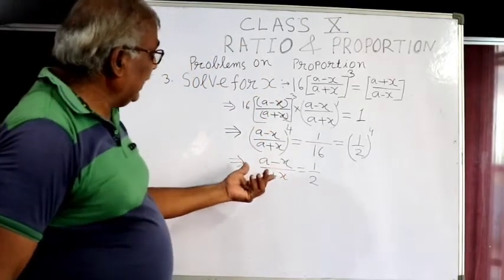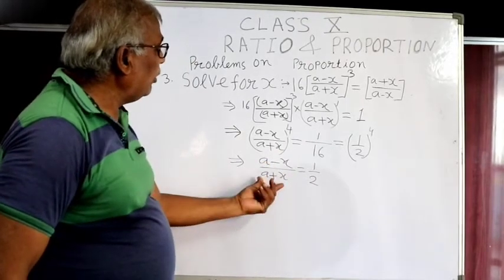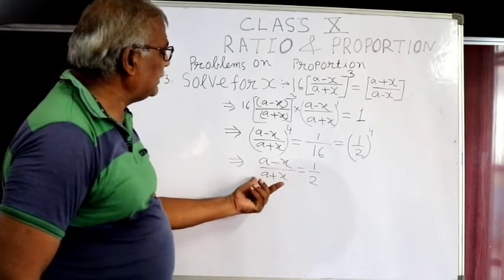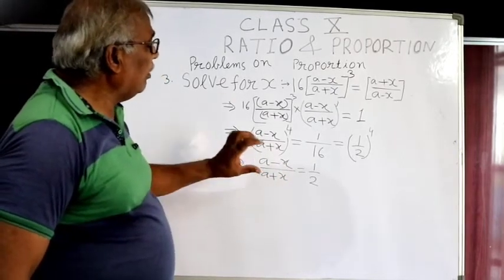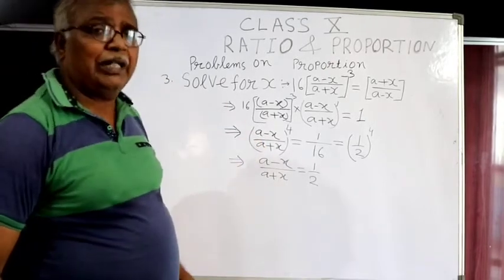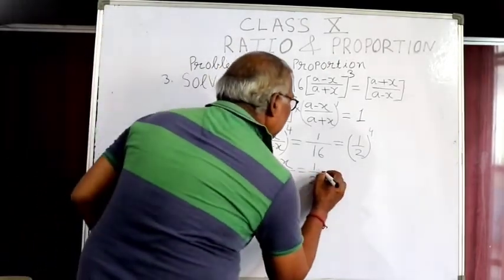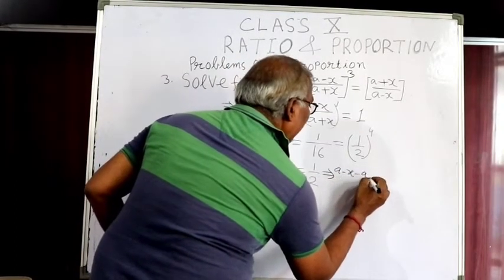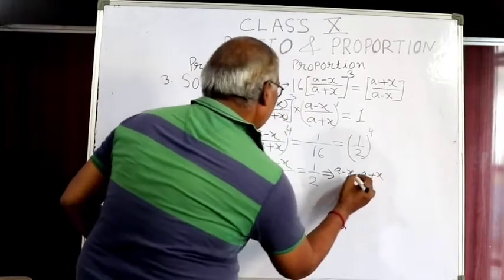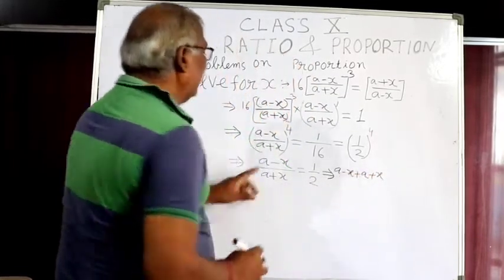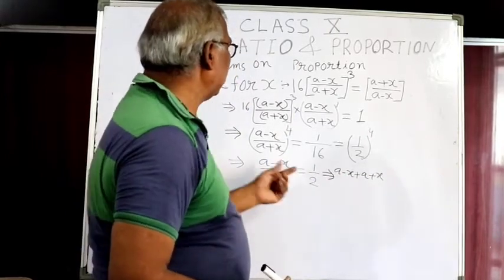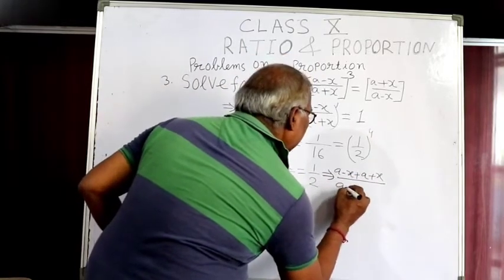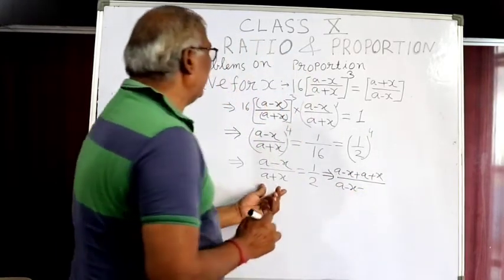Now we see here a minus x upon a plus x. We will apply the componendo and dividendo rule again. Then we get a minus x plus a plus x, numerator plus denominator, upon numerator minus denominator.